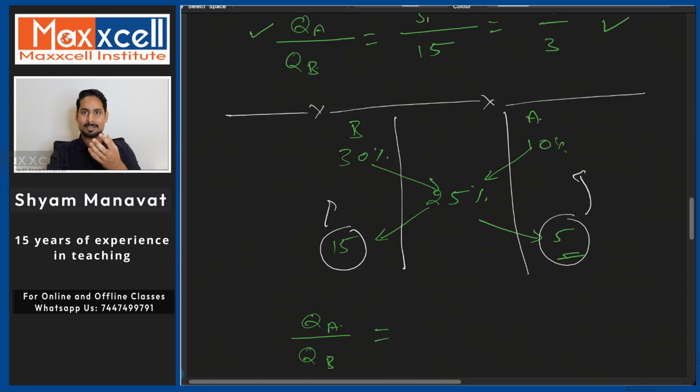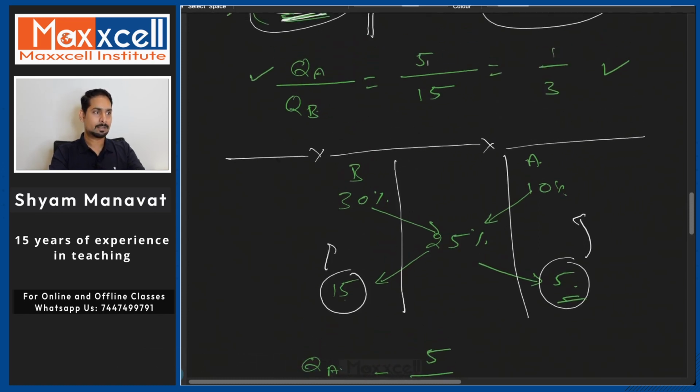The portion of quantity A we got to be 5, so we are going to write 5 here, and the portion of quantity B is 15, so we have to write it on this side, right? So it will be the same.